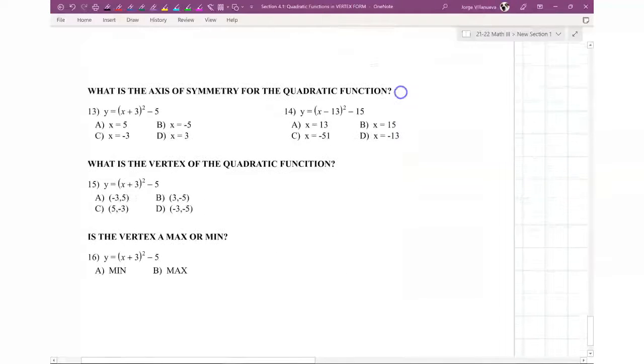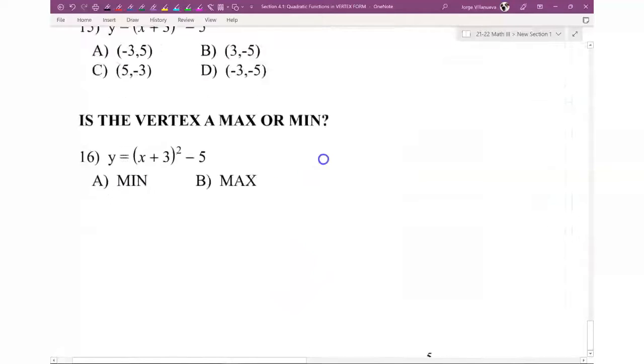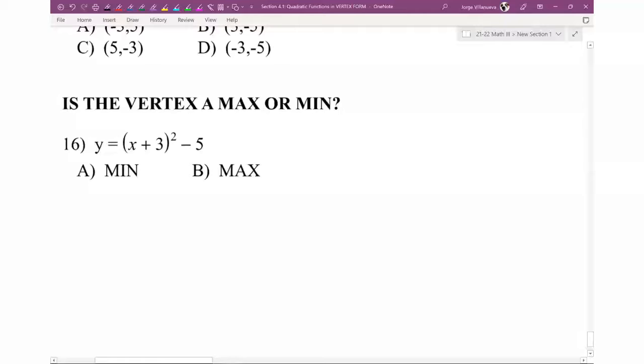Okay? But look at number 16. Then they say, is it a maximum or a minimum? Which way is this graph opening, up or down? What's my A term? It's a positive 1. So which way does it open?